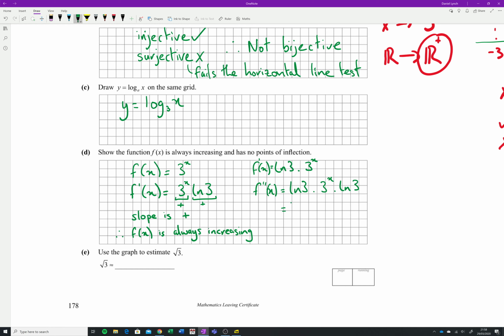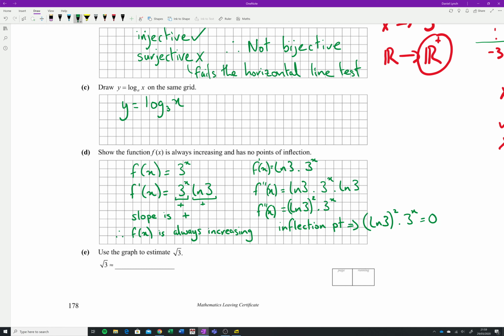So what do we have here? We have ln 3 times ln 3, I suppose we'll call that ln 3 all squared times 3 to the power of x. That's what f double dash x is. If it is an inflection point, that would imply that ln 3 squared times 3 to the x would equal 0.